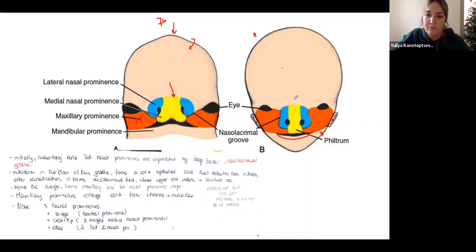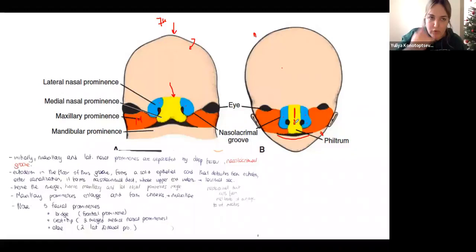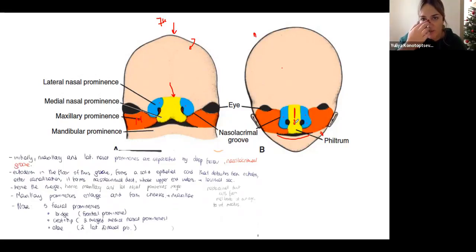The crest of the nose and the tip of the nose come from the medial nasal prominence, of course. So all of the cartilage there, including the nasal septum. So think deep into your nose, right? The nasal septum will for sure come from the medial nasal prominence.